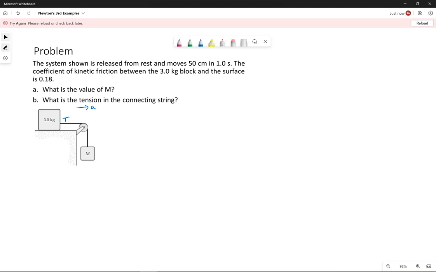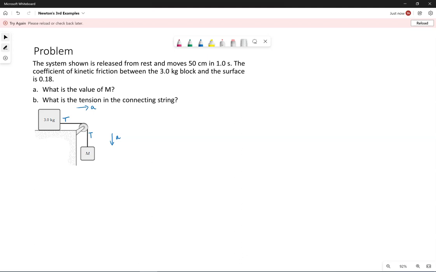So that block will accelerate to the right, while the hanging mass will accelerate downwards. We are assuming massless, frictionless pulleys in all of our problems right now, which means the tension everywhere in that string connecting the blocks will be the same.